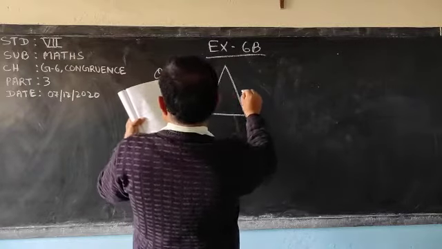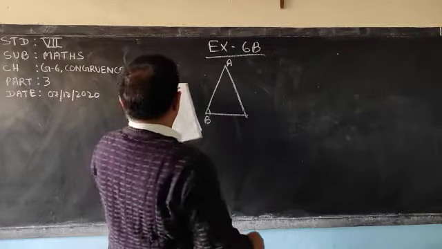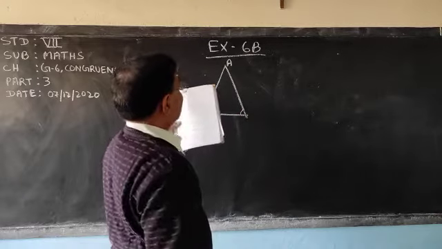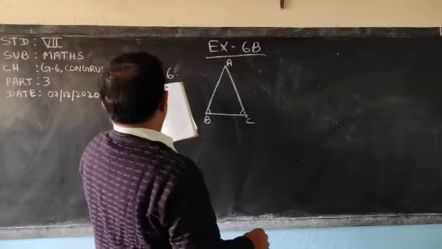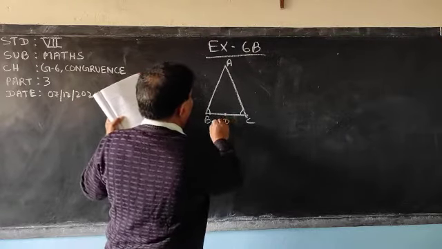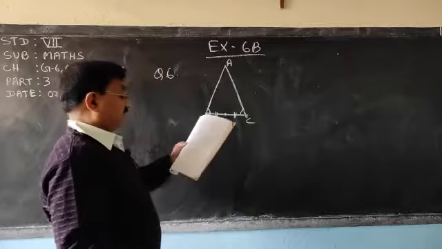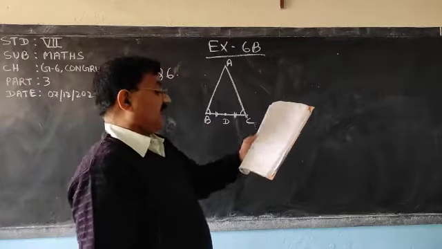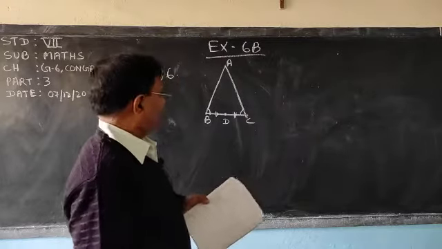And D is the midpoint of BC, which means BD is equal to DC. Prove that triangle ADB is congruent to triangle ADC.